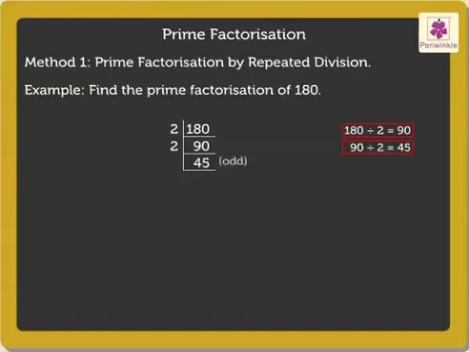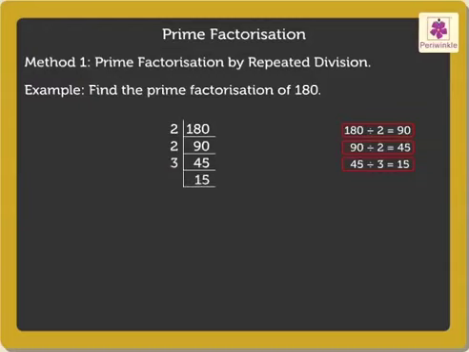As it is an odd number, it is not completely divisible by 2. So now we move ahead to the next prime number, that is 3. Number 45 is completely divisible by 3. 45 divided by 3 is 15.